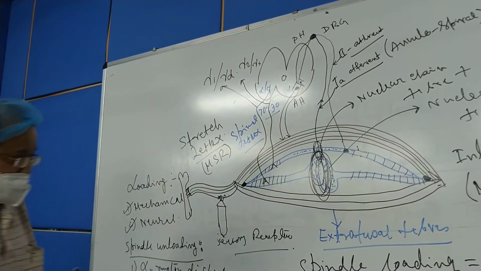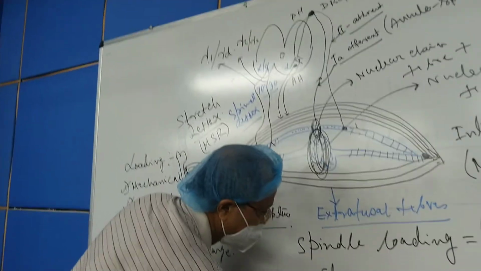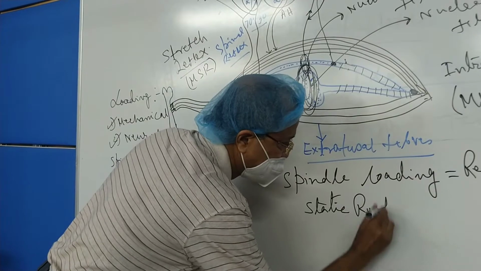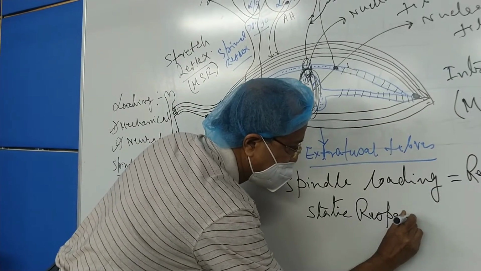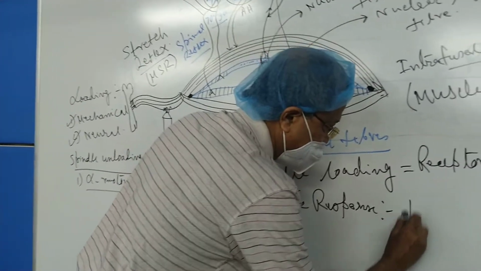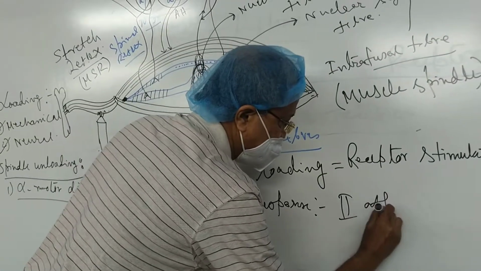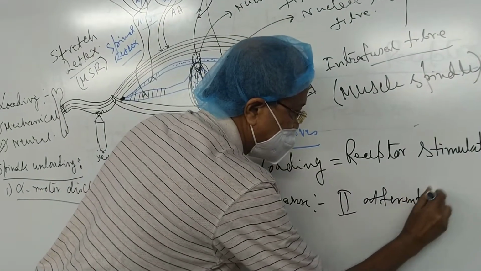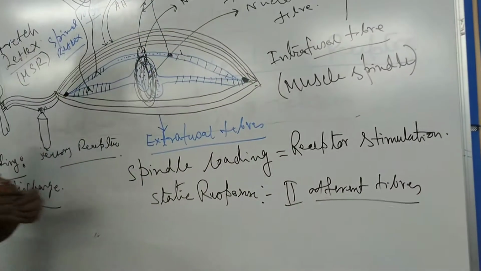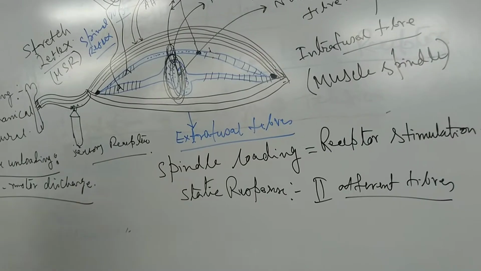So, static response of the spindle by two afferent fibers, and it signifies the total amount of stretching.